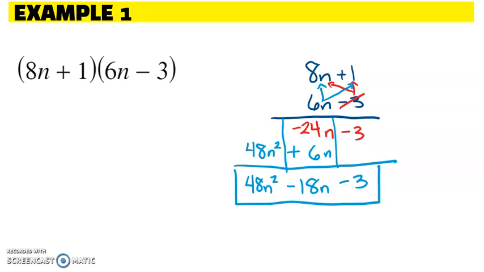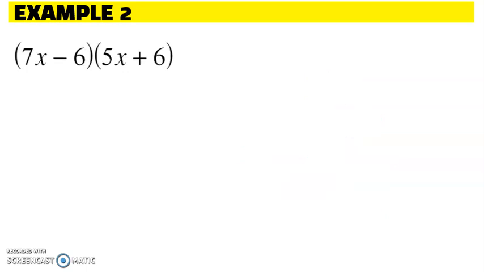Let's try it again. All right, so 7x minus 6 times 5x plus 6. So I'm going to stack them first. And we start multiplying.